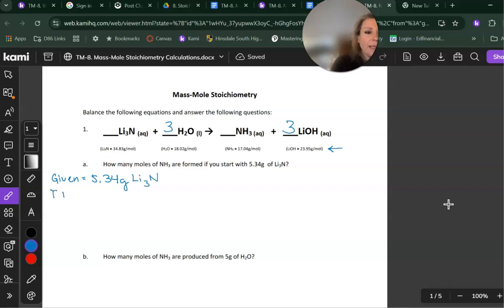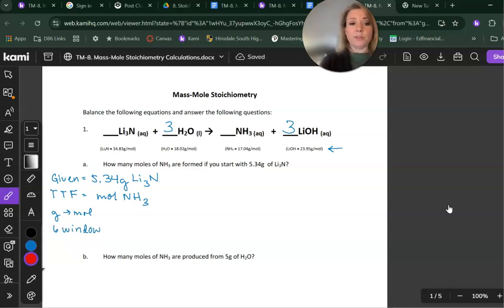We are trying to find moles of ammonia, which is NH3. So this problem is grams of one compound to moles of a totally different compound. So since we're going from grams to moles, this is going to be a 6-window setup. So we're going to do that right now.